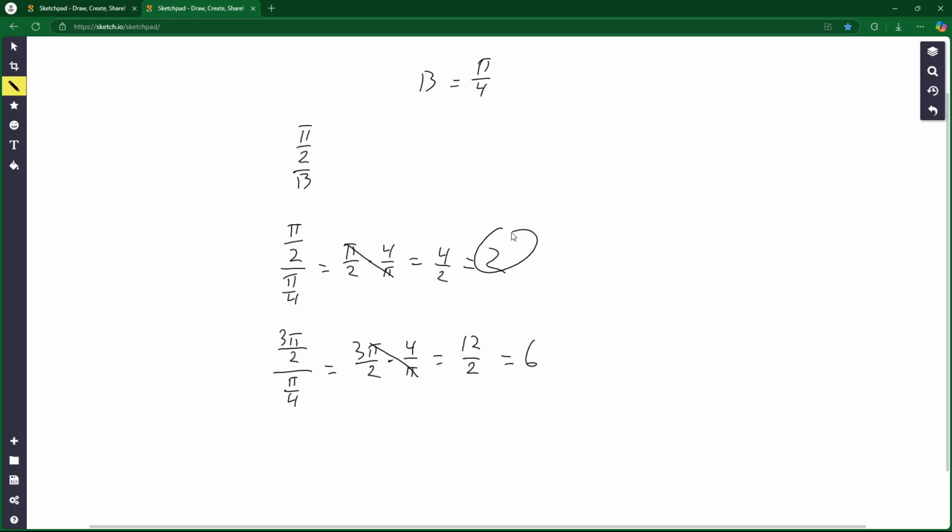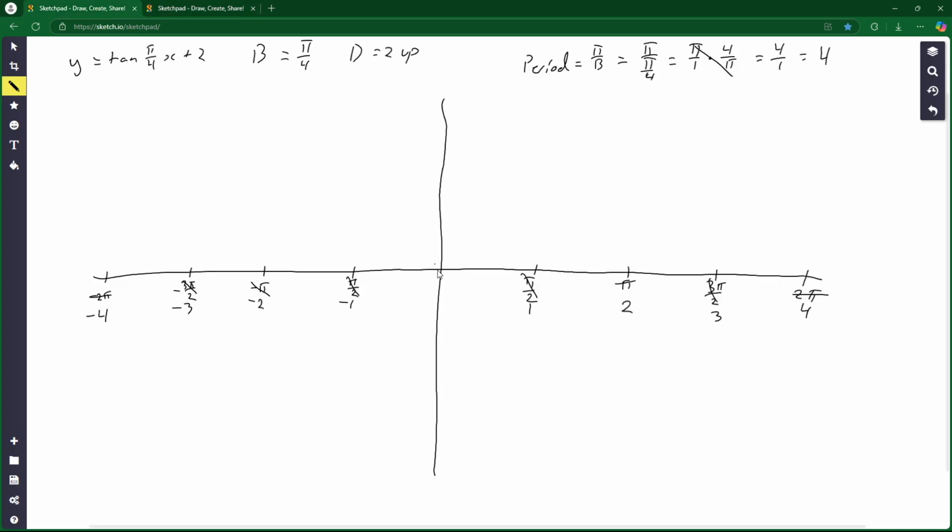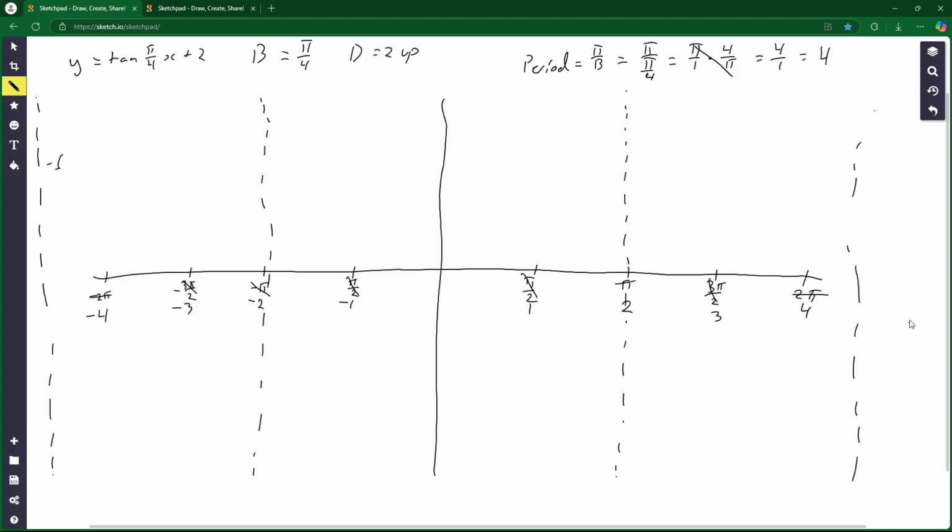And these are going to be our asymptotes. So our first asymptote is at 2, and -2. And then we have another asymptote out here, which is going to be -6. And then another one out here, which is going to be +6.